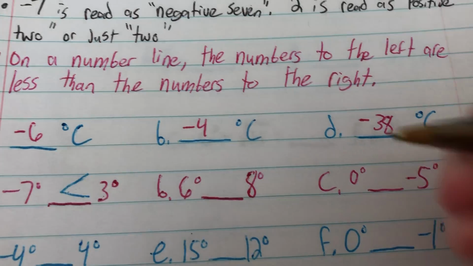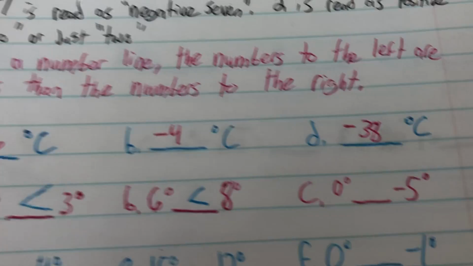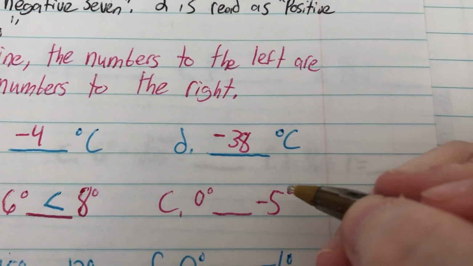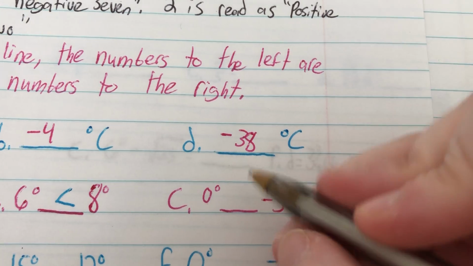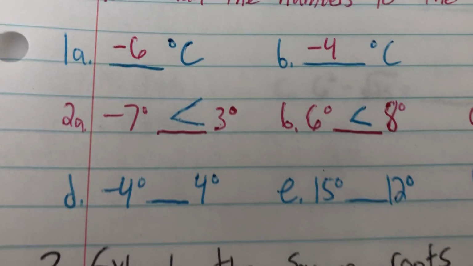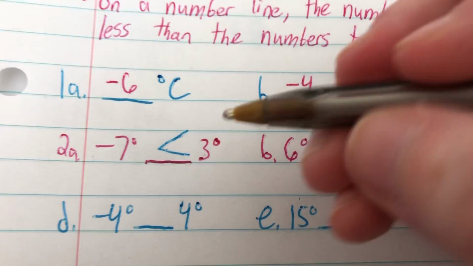B, 6 degrees and 8 degrees. 8 degrees is larger. C, 0 degrees or -5 degrees. Any negative number is going to be less than 0, so 0 is larger. Okay, on D, we have -4 and +4.